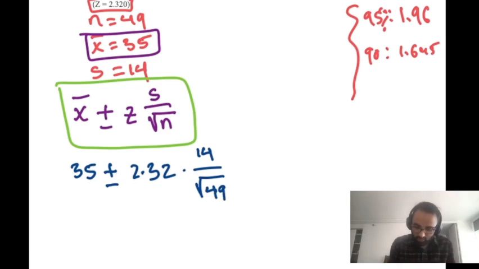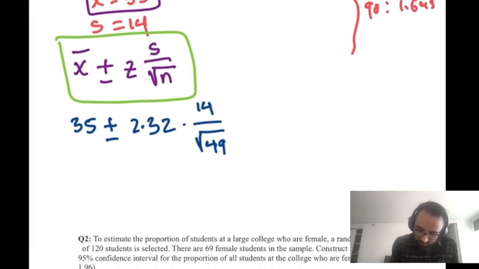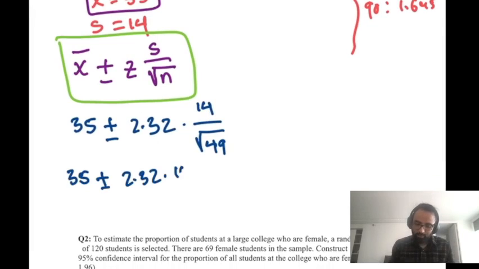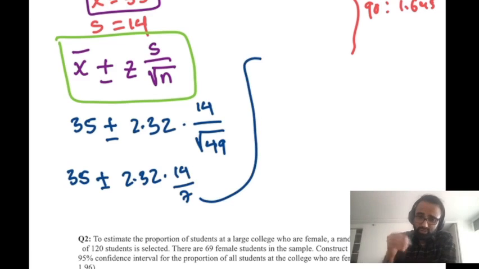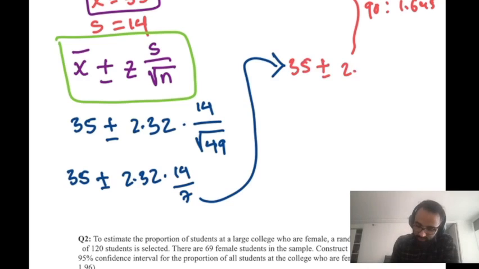So we have 35 plus or minus 2.32 times 14 divided by the square root of 49, which is 7. This is running a little bit slow, but hopefully it will still do the job. So we have 35 plus or minus 2.32 times 14 divided by 7, which is 2.